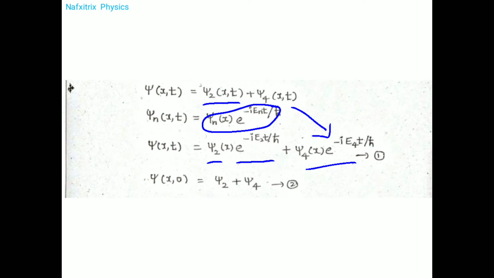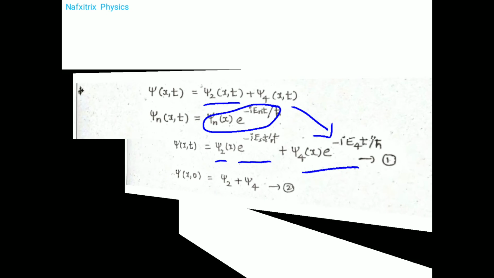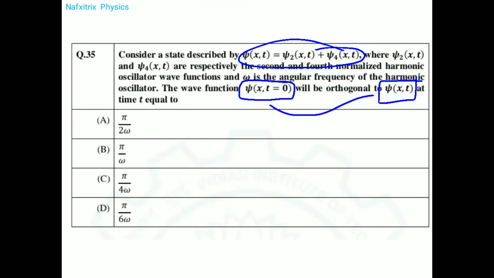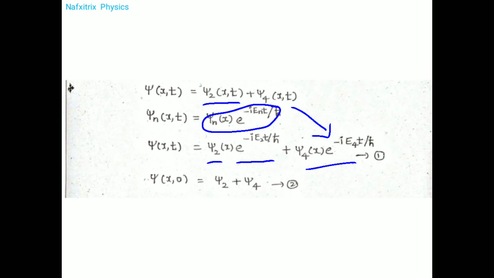Now what they have asked in the question is xi of x comma 0. That means xi of x comma 0 must be orthogonal to xi of x comma t. So we need to find out at time t equals 0. When time t equals 0, we get xi2 of x as usual, and e power minus i E2 t by h cut, in the place of t, gives e power 0.